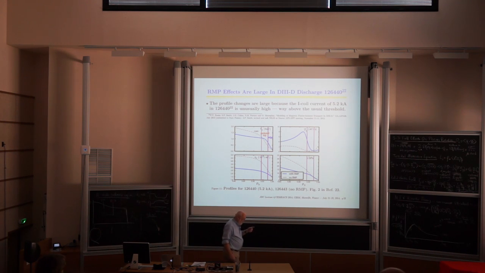So when you apply RMPs, and you're in the control room, so to speak, of the experiment, what do you notice most? You notice what's called density pump out. That density went down by a factor of 2, and in particular, over the whole edge region, it went down. And in particular, if you look at the separatrix, the change in density gradient is largest there. So that means right at the separatrix is where you killed the pressure, the density gradient.